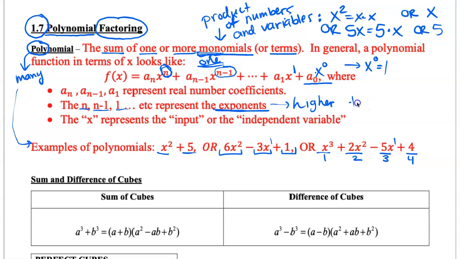And that's kind of what this video is about. It's dealing with polynomials where the exponent at the beginning, or anywhere really in the expression, might be higher than 2. It could just be 2, but it might be higher than 2, like 3. These parts here, the a sub n, the a sub n minus 1 and the a sub 1, are just representing the numbers in front, the real number coefficients.